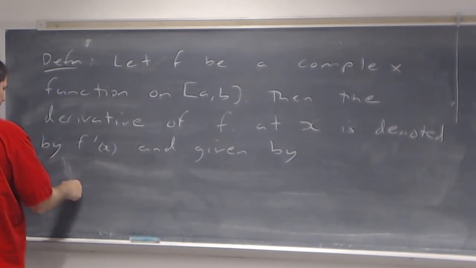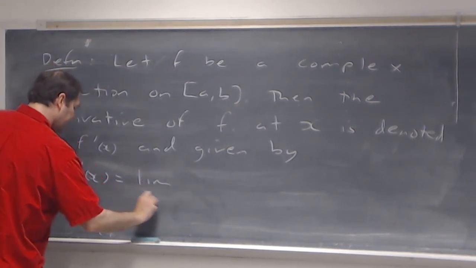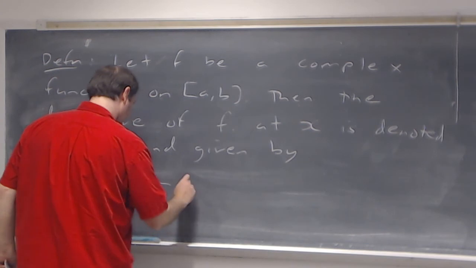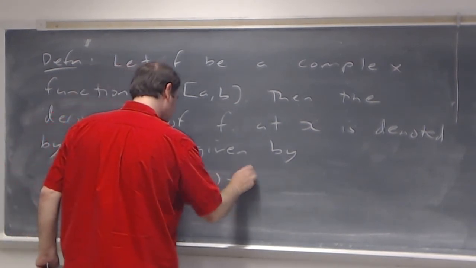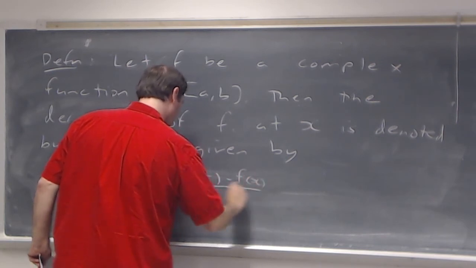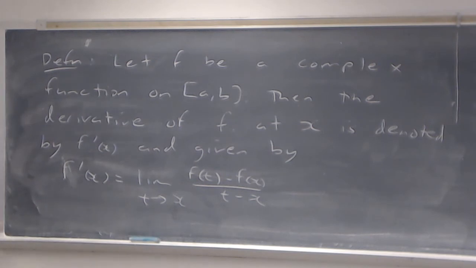So here we say f prime of x is equal to the limit as t goes to x of f of t minus f of x all over t minus x, provided this limit exists.